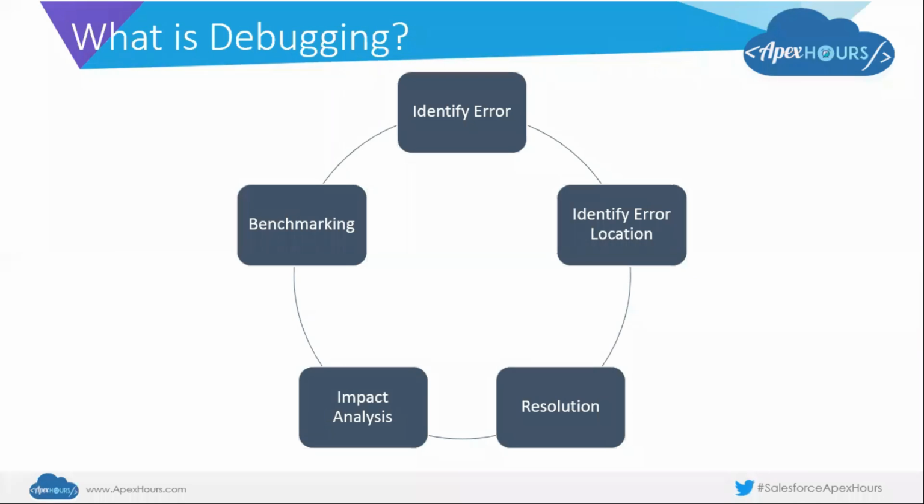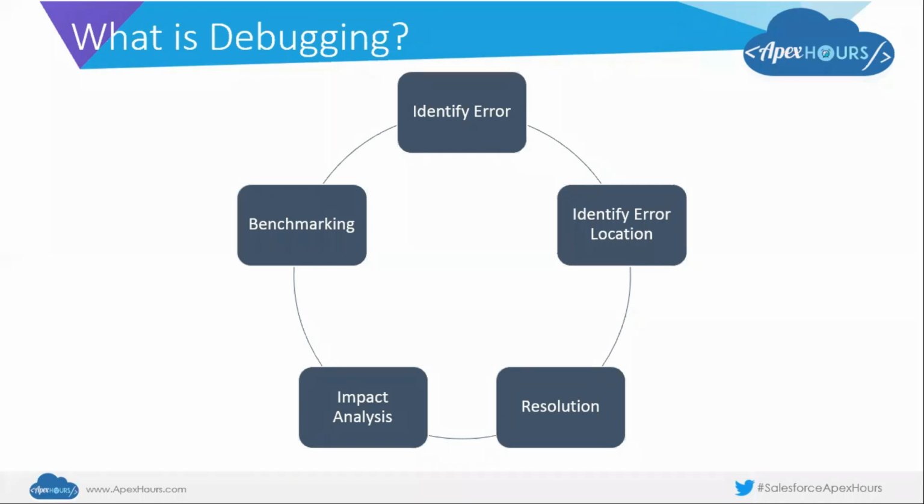This is exactly what we call debugging. Debugging helps you to identify the error, the error location, such as on which line number the error is occurring. It helps you provide the resolution, it helps with impact analysis, and it helps you benchmark the code, right?